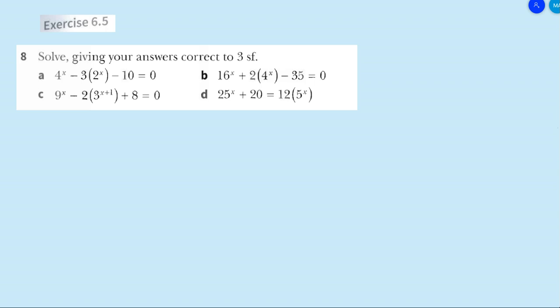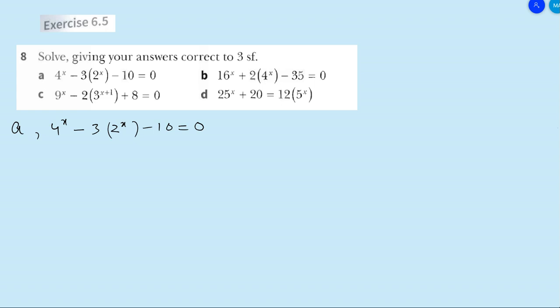Part A of question number 8 is 4 to the power x minus 3 into 2 power x minus 10 is equal to 0. The requirement is same. Solve giving your answer correct to 3 significant figures.